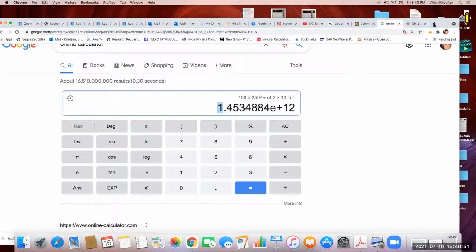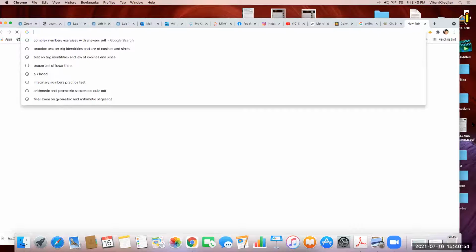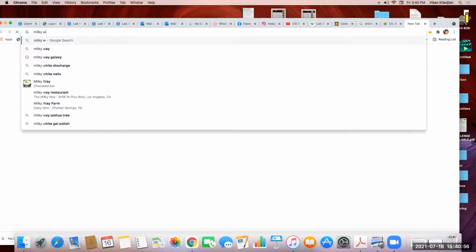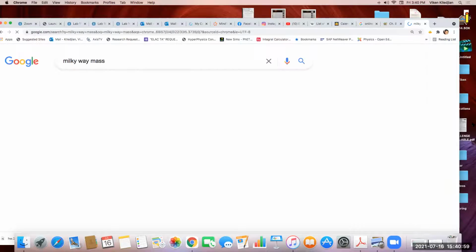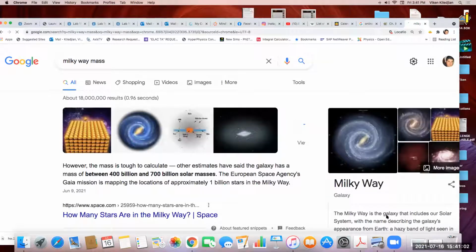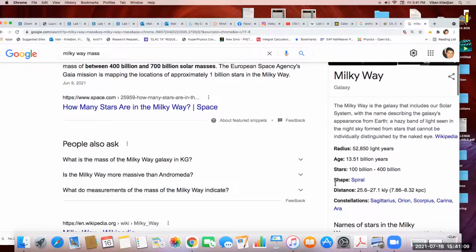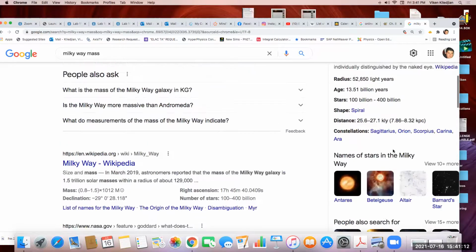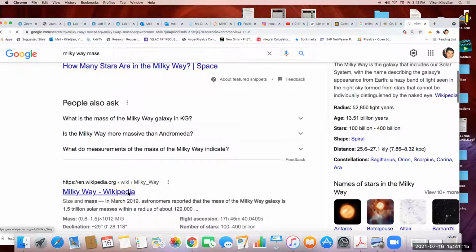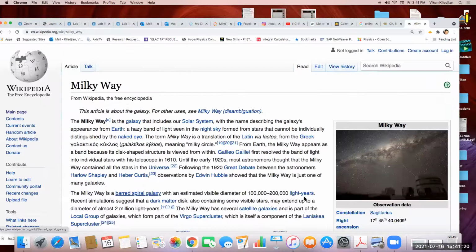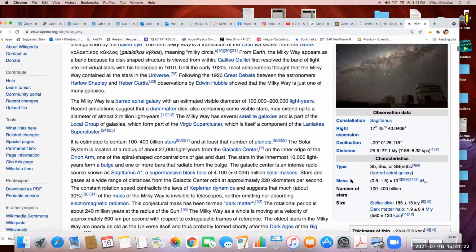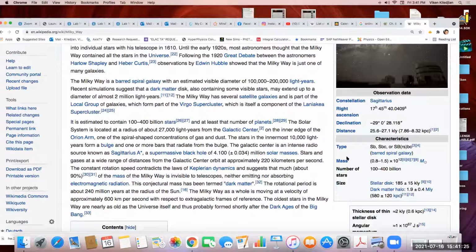So what is the total mass of the Milky Way? Let's see. Milky Way mass. Again, we always refer to these side data.